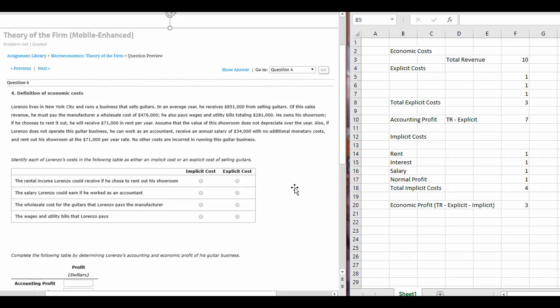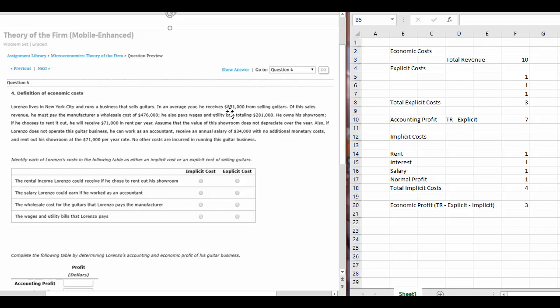We said explicit are a cost that you pay out. They're exiting your pocketbook, and implicit are things that could come in. So rental income you could receive is going to be implicit. Salary you could earn would be implicit. The wholesale cost for the guitars would be explicit. Wages and utility bills would be explicit.